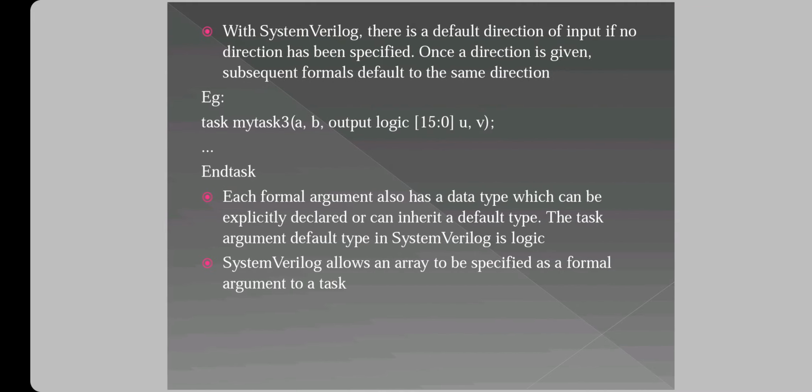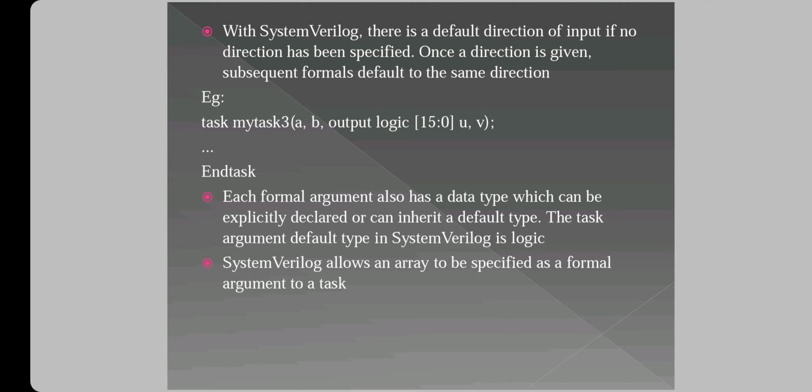With SystemVerilog, there is a default direction of input if no direction has been specified. Once a direction is given, subsequent formals default to the same direction. For example, if you have provided some arguments to a function or a task but haven't provided any direction, the default will be input. If you have provided only input and no other direction, all other variables that you declare inside the parentheses will be of input type.